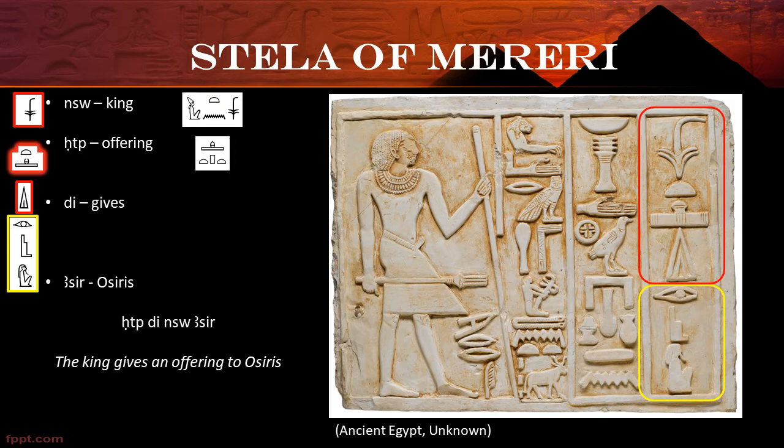So even though we don't see all the symbols here, we know due to the context and how these were created over thousands of different inscriptions we've looked at, that this is used commonly as an abbreviation for the word king. So even though it doesn't spell out Nesau, we will say Nesau.